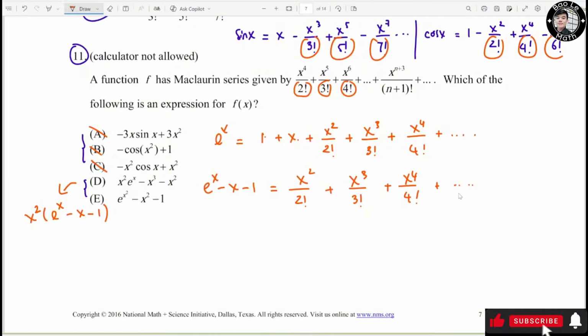I'm going to multiply both sides by s squared. So I have s squared times e to the s minus 1 equals s to the 4 over 2 factorial plus s to the 5th over 3 factorial plus s to the 6 over 4 factorial plus etc. Right? So the answer must be D.